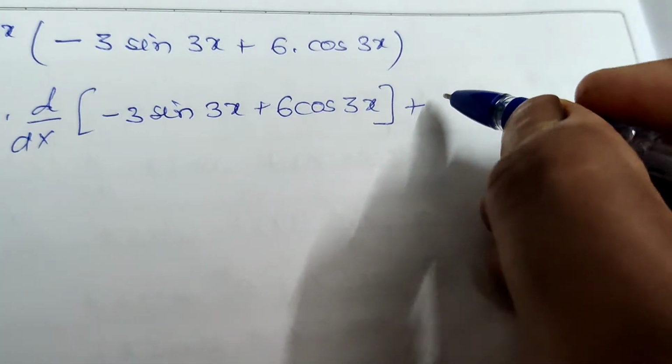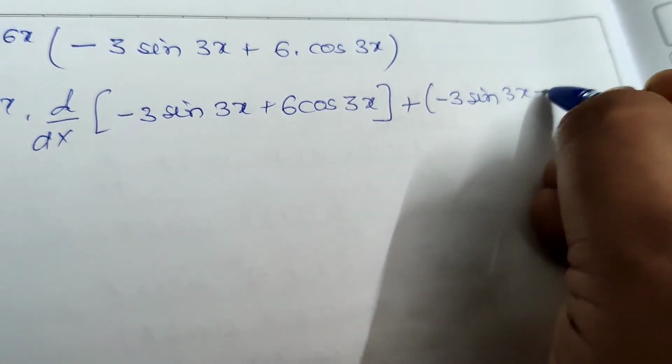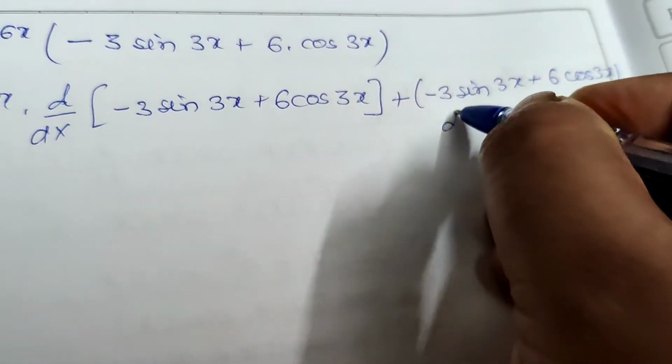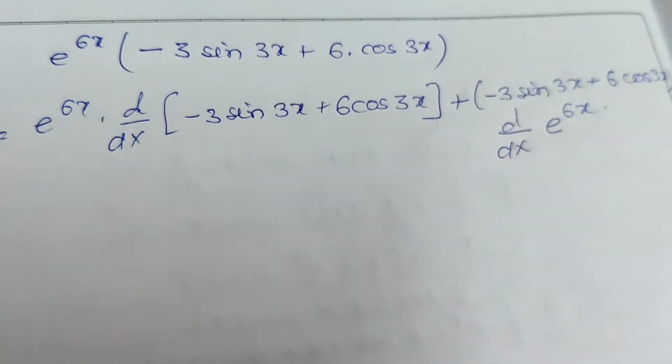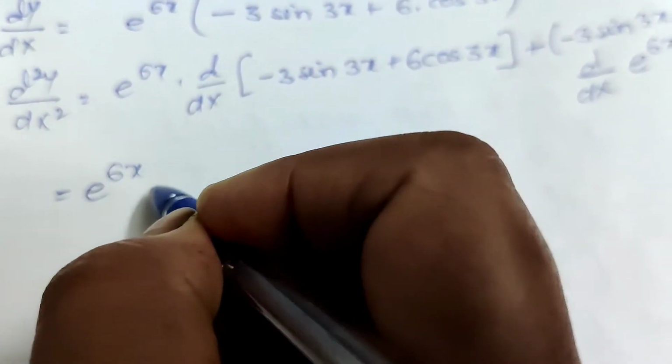And the second function, minus 3 sin 3x plus 6 cos 3x, and differentiation of e raised to power 6x. Okay. E raised to power 6x.